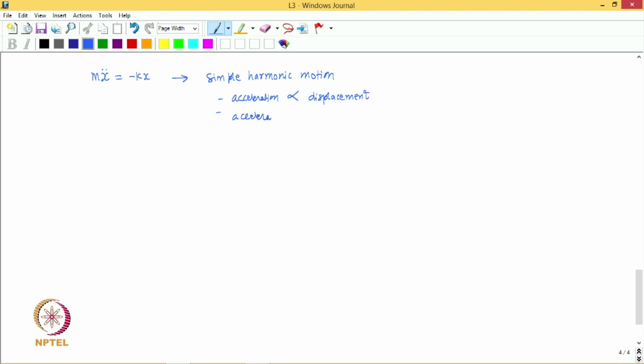Acceleration is opposite to that of the displacement.